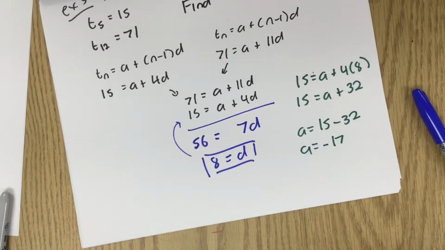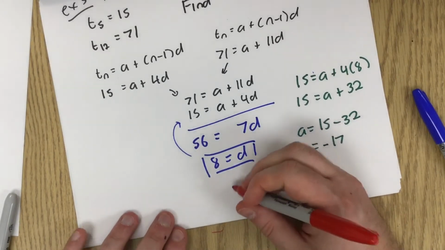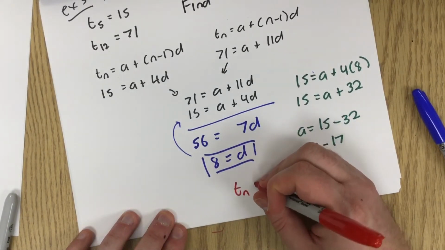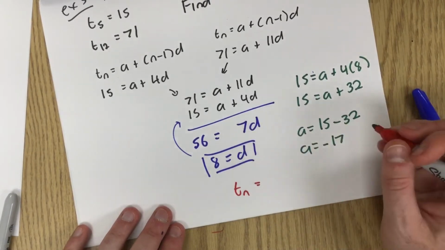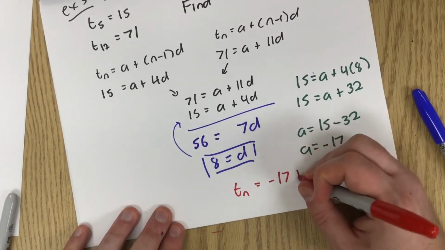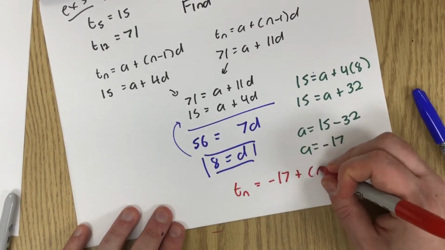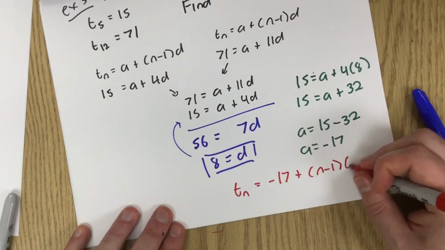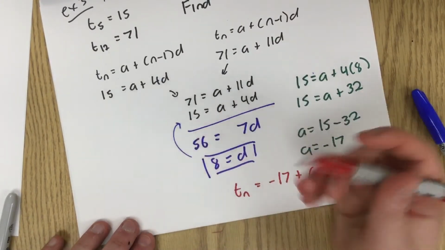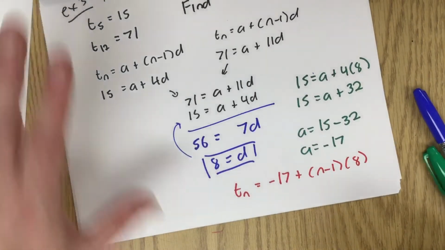And putting that all together, we find that our equation for the sequence is going to be negative 17 plus (n minus 1) times 8, and that's that. But that's not the question.